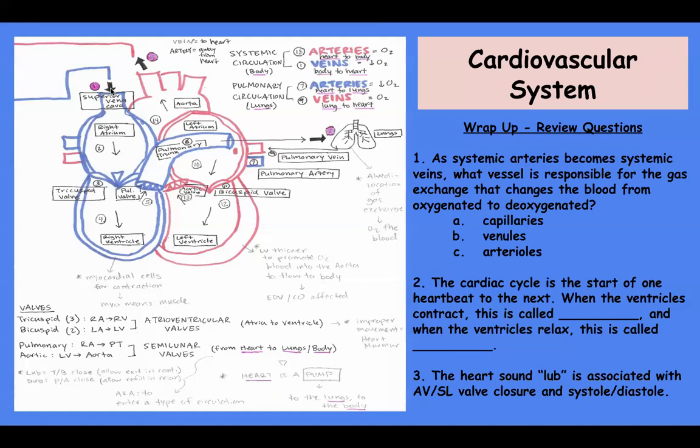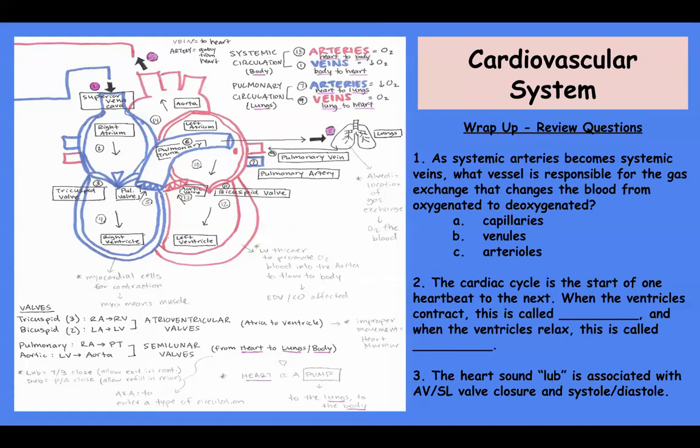So if you were to listen to someone's heart with a stethoscope and you hear lub dub, you're hearing certain valves closing, right? So think about lub. And I'll answer the second half of this question to help you guys out. So lub is associated with systole, right?